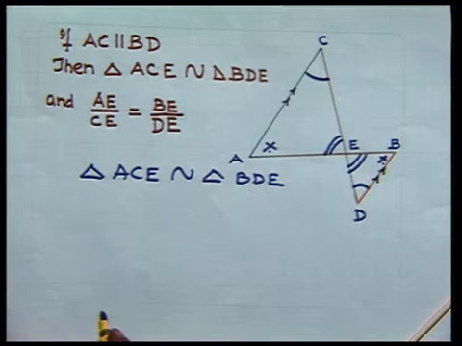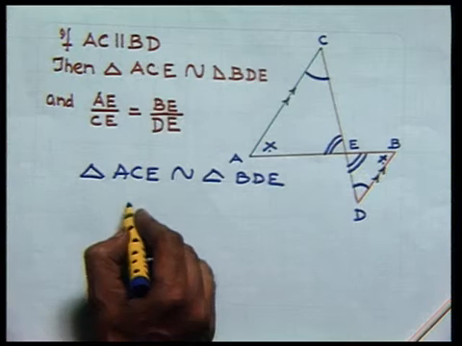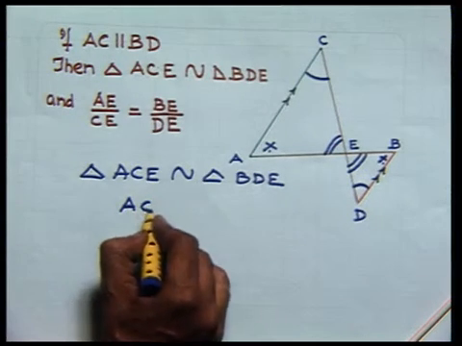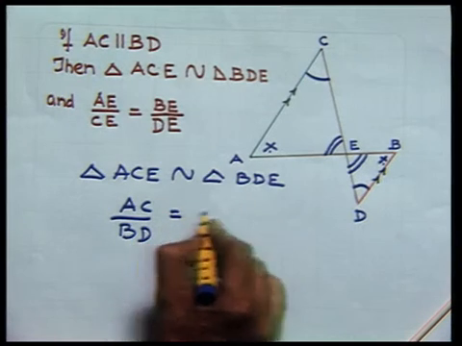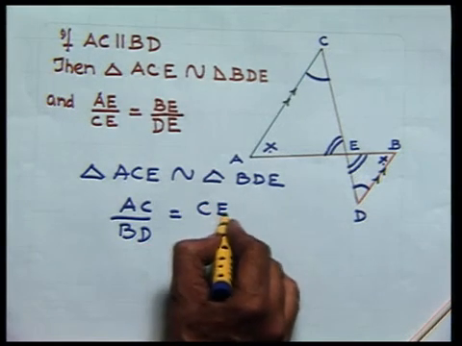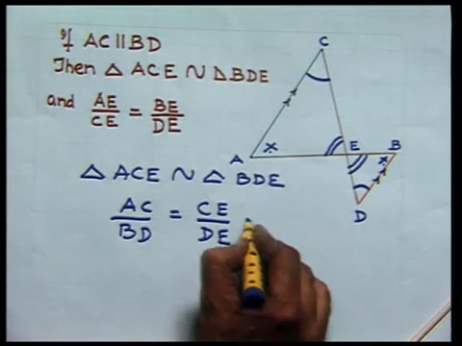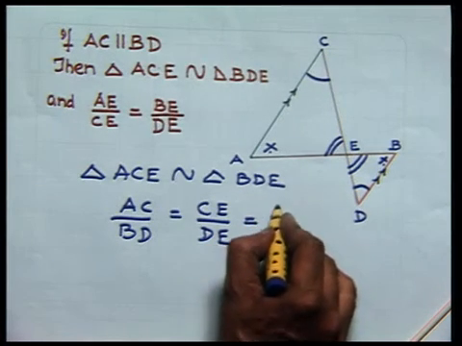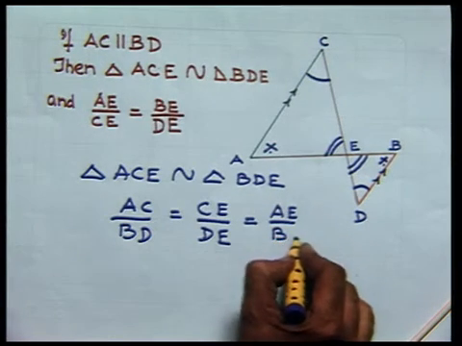Now, if these triangles are similar, then the corresponding sides have to be proportional, that is AC upon BD is equal to CE upon DE, and this is further equal to AE upon BE.